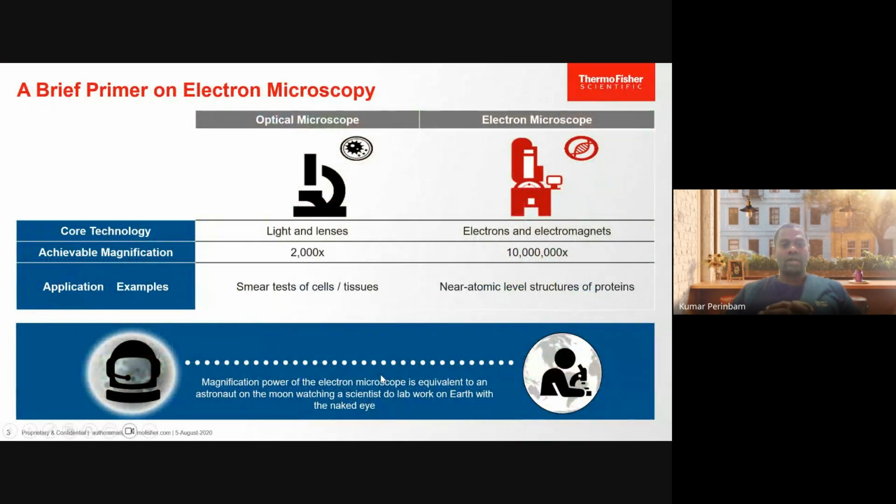So what is this electron microscope? For some of you to understand, it's like if you want to see a rock on the moon with your naked eye, the same kind of magnification you get using the electron microscope's electron beam. Pretty much you're going to see electron clouds, or the atoms, at a near-atomic level.